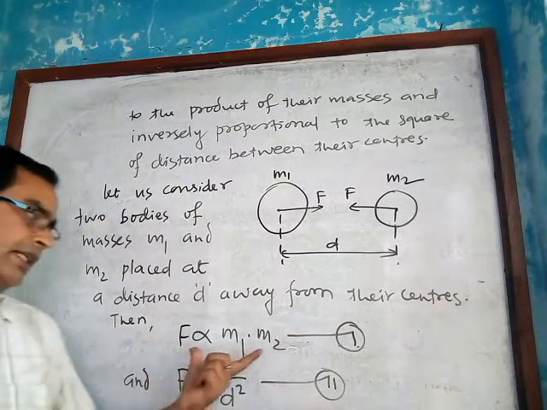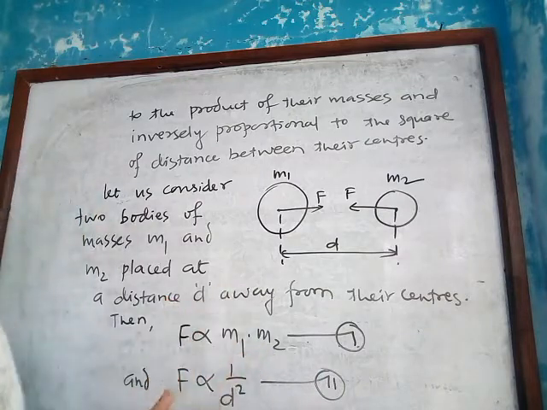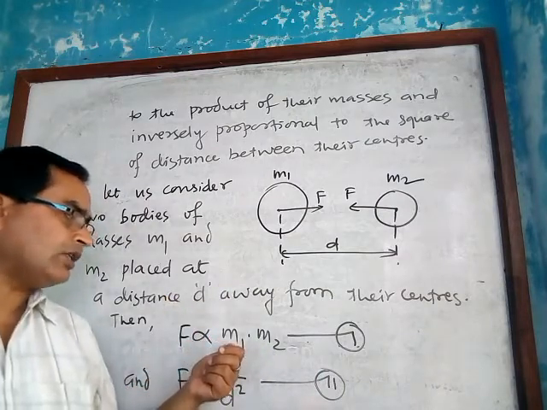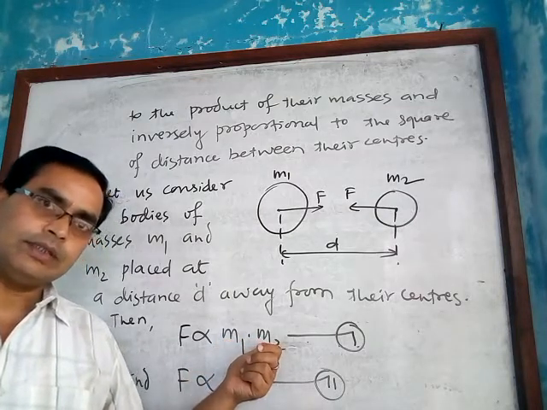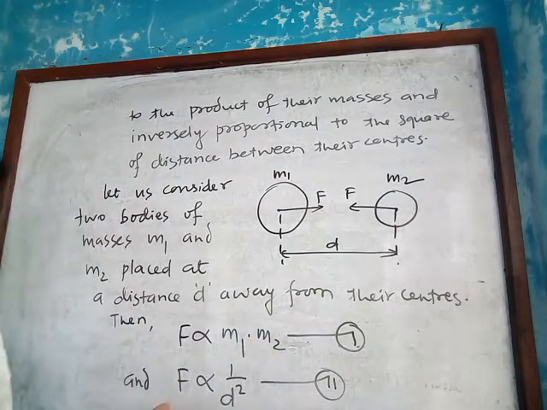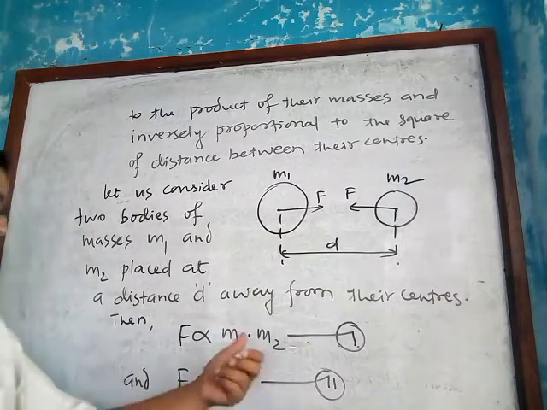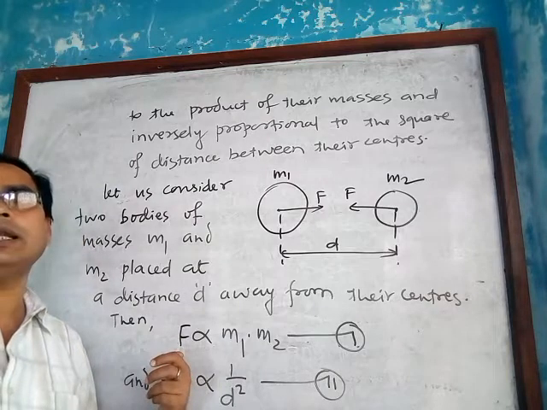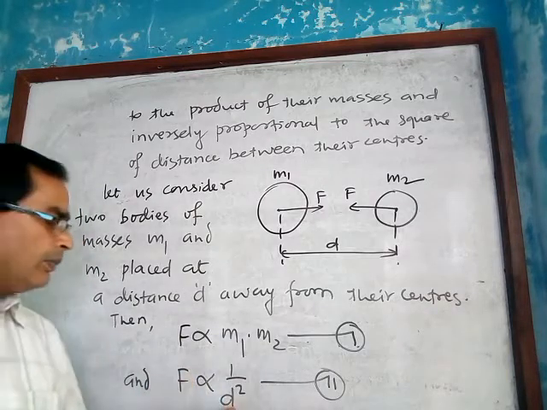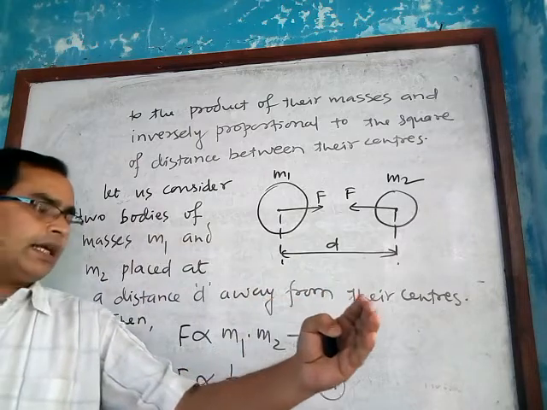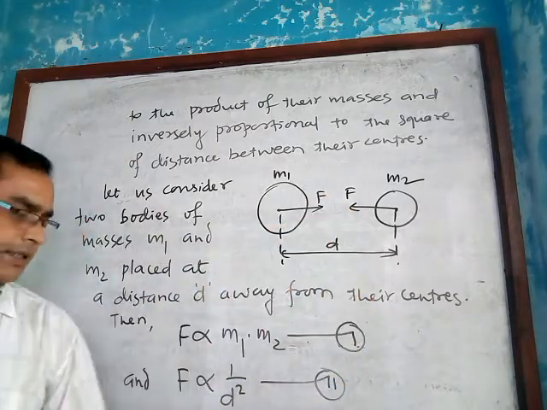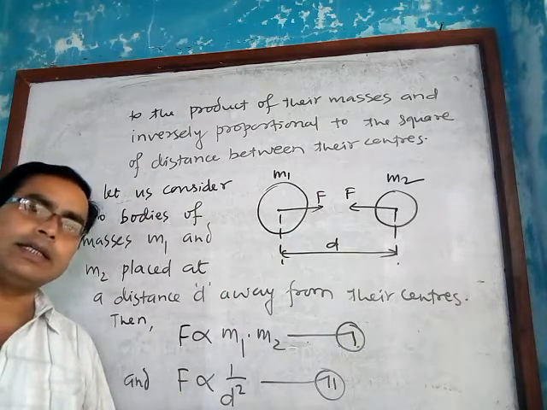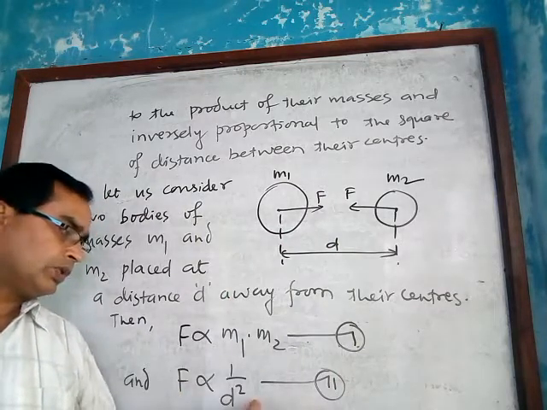From this statement, we can say that if the mass of m1 or m2, or both, is increased, certainly the force will increase. Similarly, if the distance between these two bodies is increased, the force will decrease. But how will the force decrease?